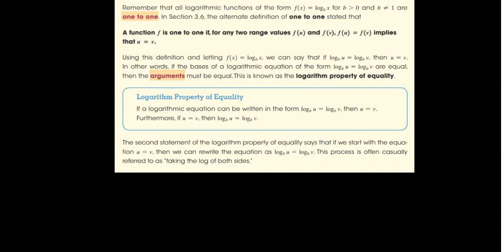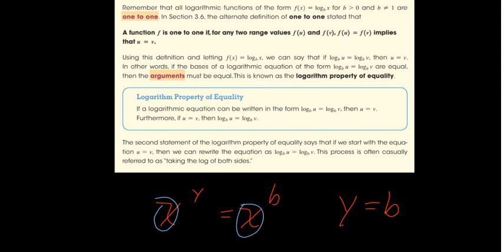So, for instance, if we had some x to the y power, and that's equal to some x to the b power, then what we did was we said y is equal to b, and then we solved that way. Since we had the same base, in this particular case both of them were x, all we had to do is equate the exponent.